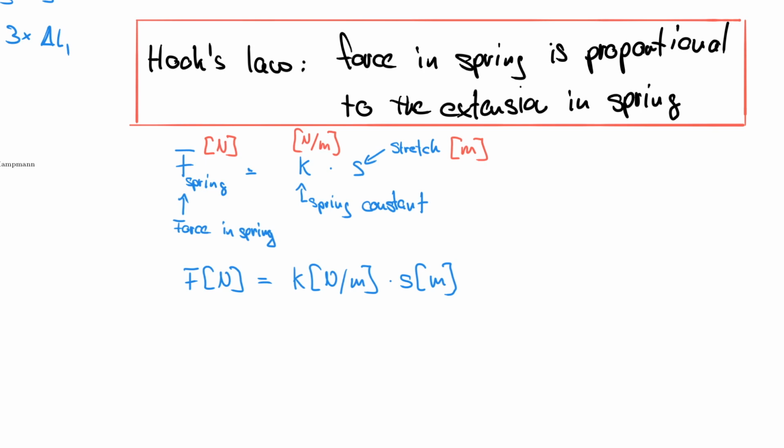And likewise, you often need to find actually the stretch rather than the force in the spring. So when that is the case, then you have to find the stretch in meters. And that, of course, is just rearranging of this formula, the force in Newton divided by K, the spring constant in Newton per meter. So that, once again, is an important formula. So let's highlight it.